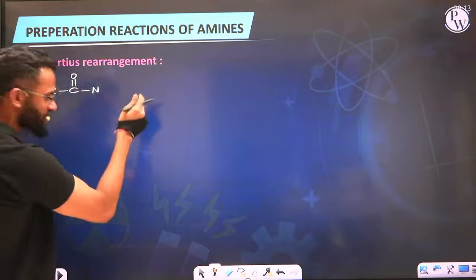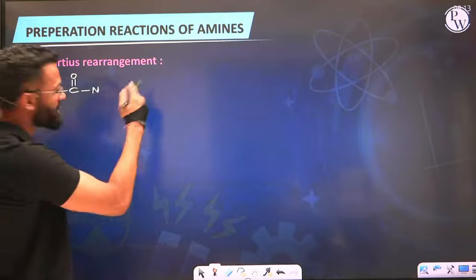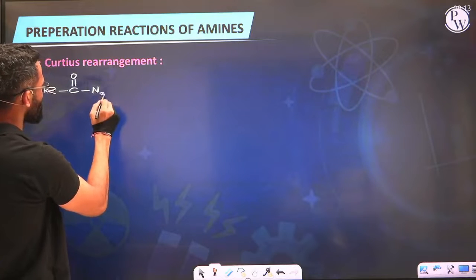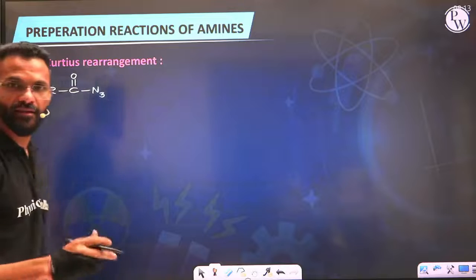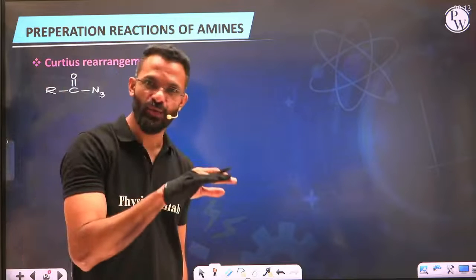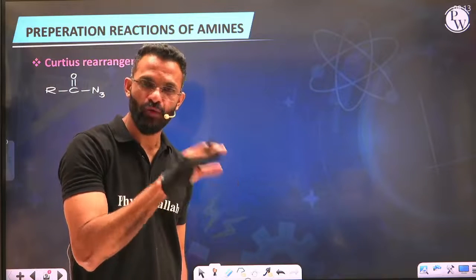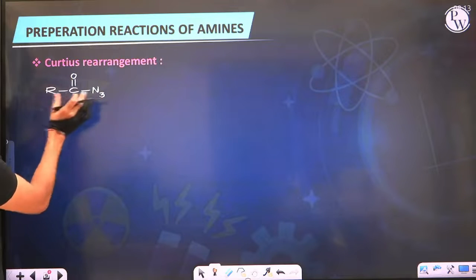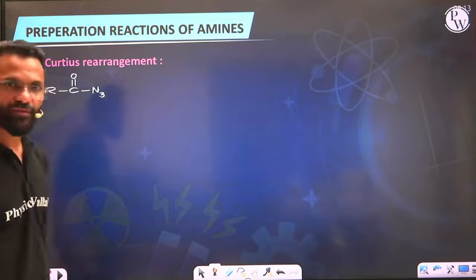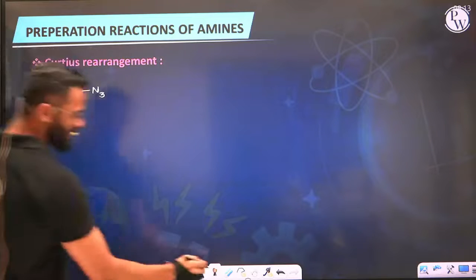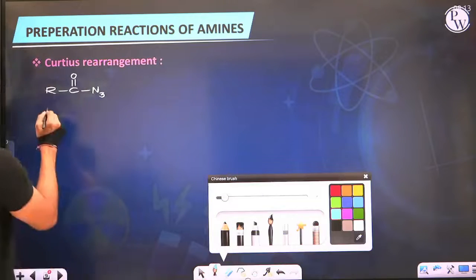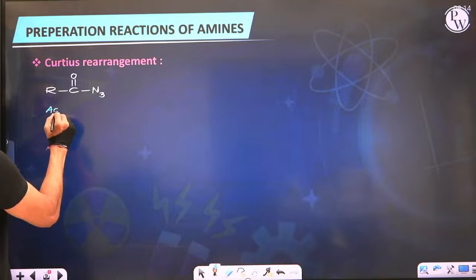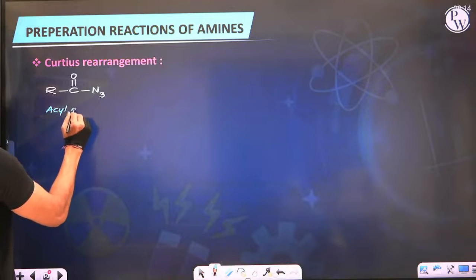Other than the N, replace the two H's also with N, and you will get N3. So this is called the azide group, an acyl azide. I'll write it down. So we have got acyl azide.